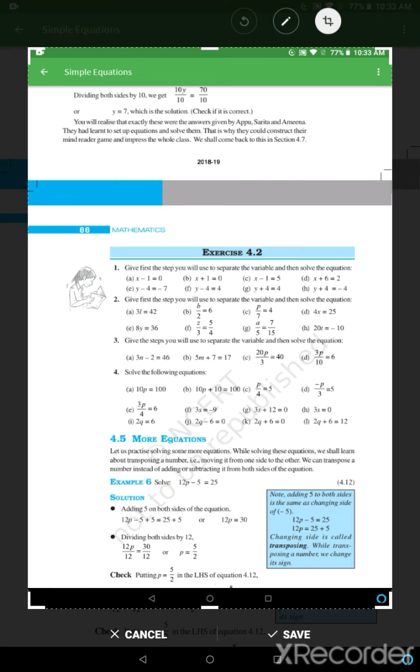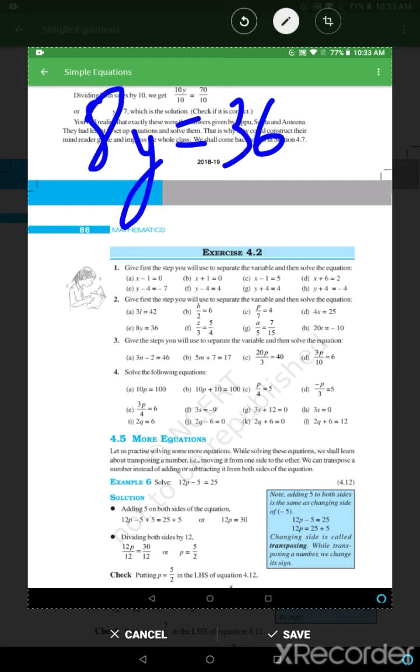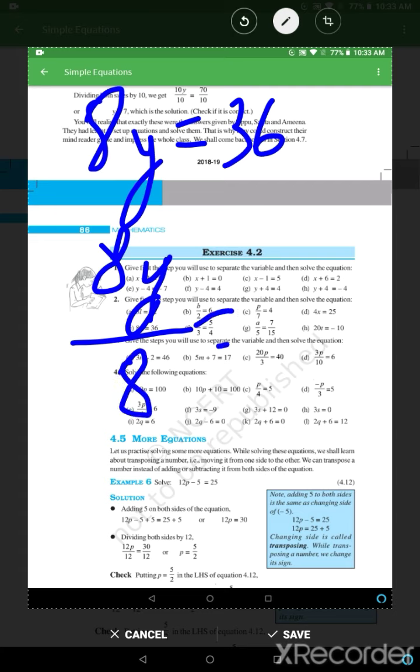Now e, which is 8y is equal to 36. We will divide it by 8. 8y upon 8 is equal to 36 upon 8.